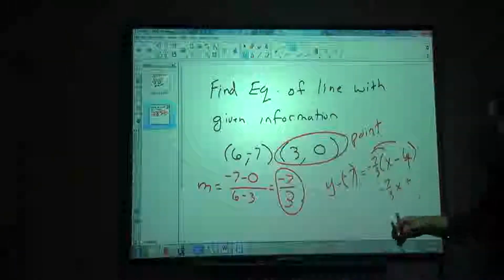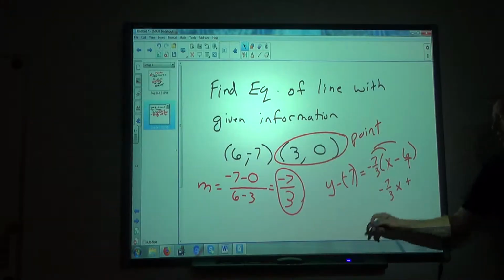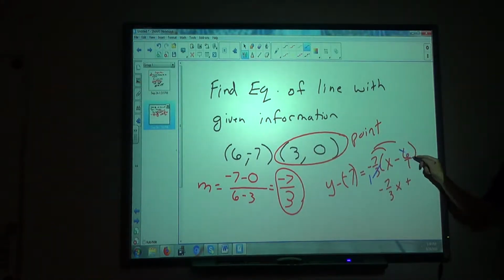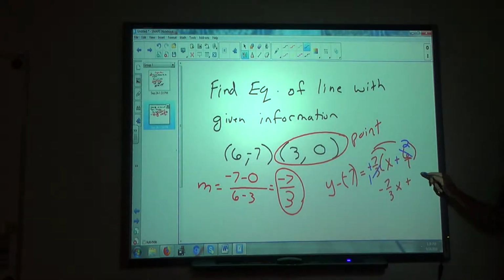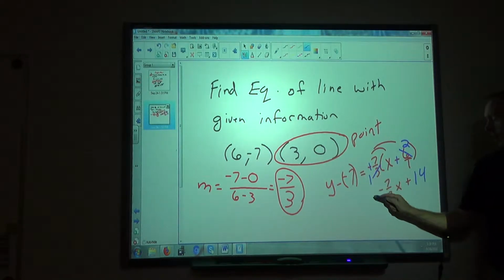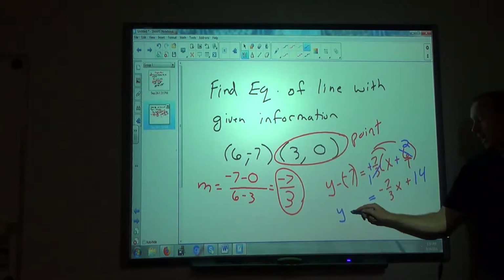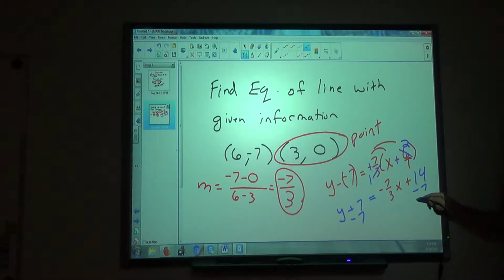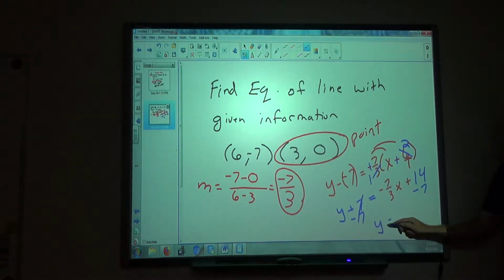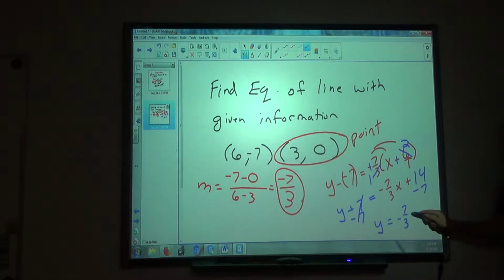If I do 6 over 1, I can cross cancel there. 3 goes into there once, 3 goes into 6 twice. So -7 times 2 would be, or negative make a positive, so it'd be 14 there. And then this would be y plus 7. And I'm going to minus the 7 over. So then y equals -7/3 x plus 7.